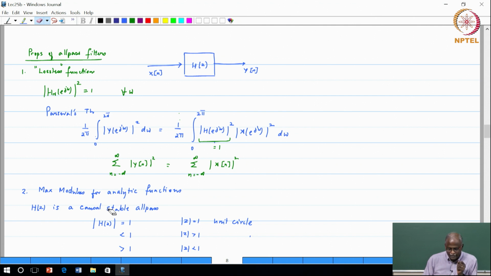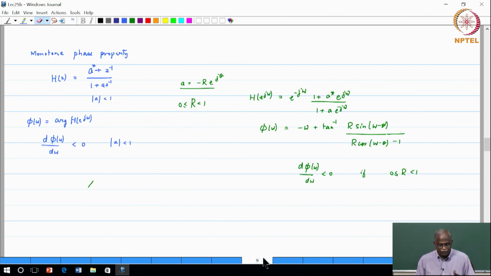Second one is the maximum modulus property, where the magnitude of H of e to the j omega is equal to 1 on the unit circle, less than 1 outside the unit circle, and greater than 1 inside the unit circle. Again, this is the property of analytic functions and the analytic extensions that we have done, but please take this as a result in case you have not studied the maximum modulus property in the study of complex variables.